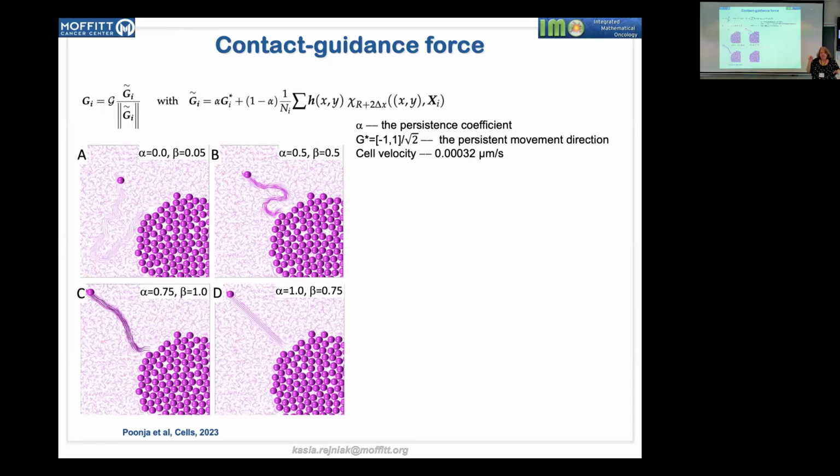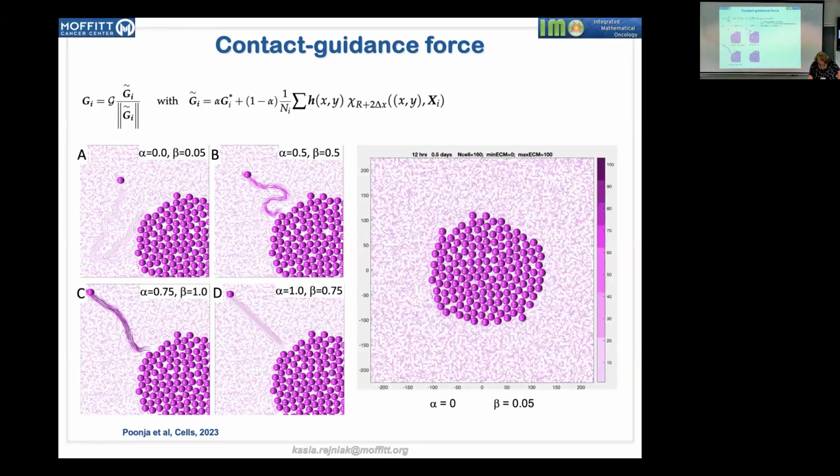So I show you the movie. There will be 3 cells. Alpha is equal to 0, so they are just following the direction of the fibers, not the top left corner that they were prescribed. Especially the one on the bottom is funny because it just goes in circles.